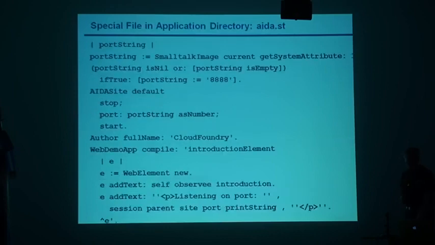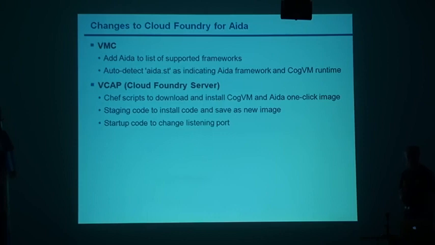So start running. We have a special file here that does some things for us. It reads the port number from an environment variable, sets the port number for Ada, and then compiles something, so we have something a little different to show that we actually have code.